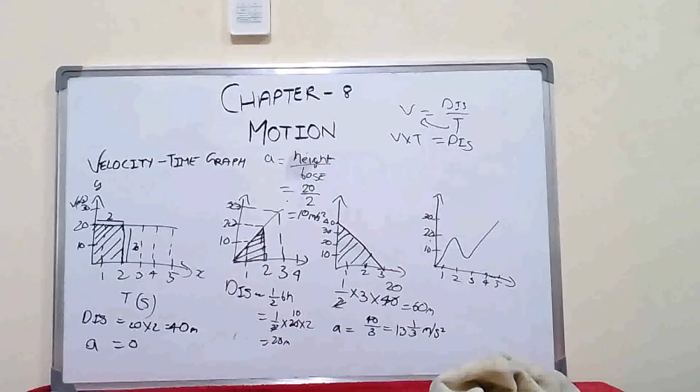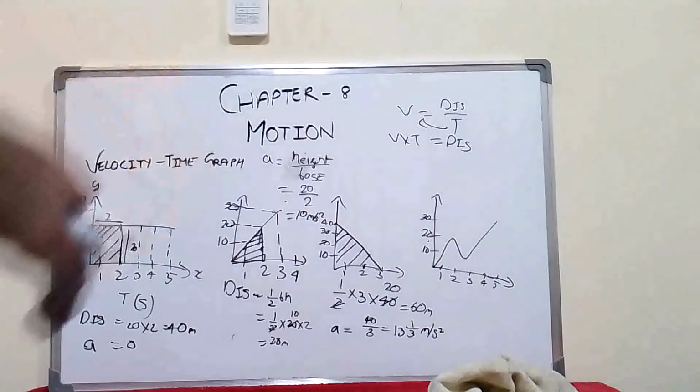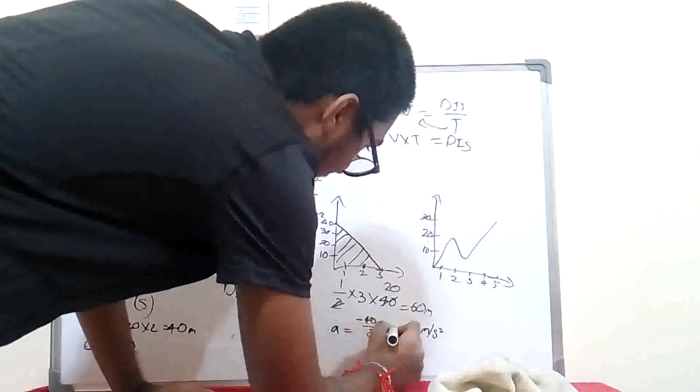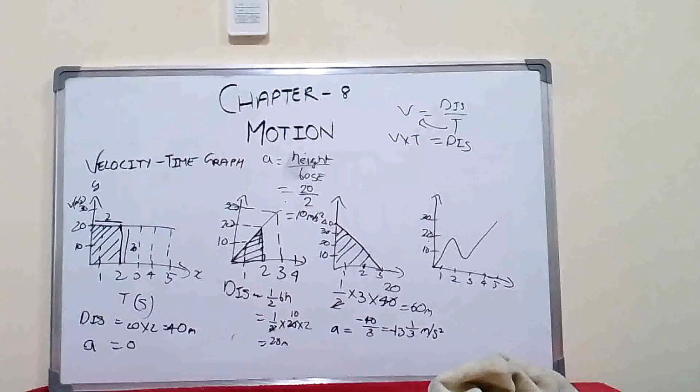This is called deceleration because the velocity is coming down, and as the velocity is coming down, we know it's going to be deceleration, and that's why we give it a negative value. So in such questions, when the graph is showing that the velocity is decreasing with the increase in time, when we find the acceleration, we must give it a negative sign, because it means the acceleration is on the negative side because the velocity is decreasing.